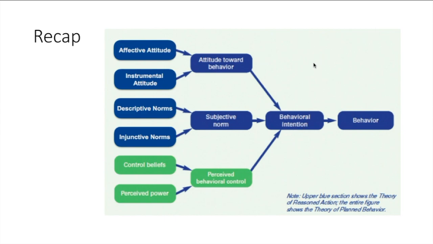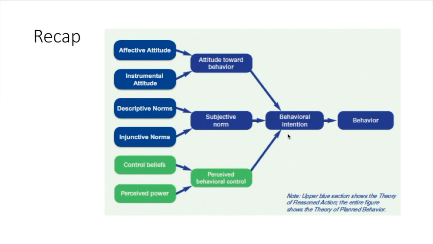So it suggests that there needs to be a positive correlation between attitude towards that behavior and behavioral intention, subjective norm and behavioral intention, and perceived behavioral control and behavioral intention. And finally, that there needs to be a positive and statistically significant correlation between behavioral intention and your behavioral outcome or future behavior.